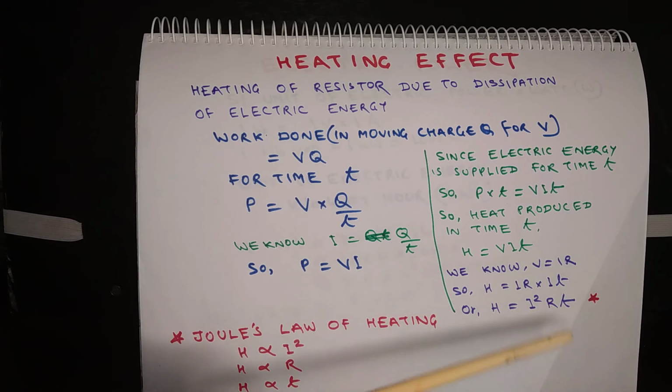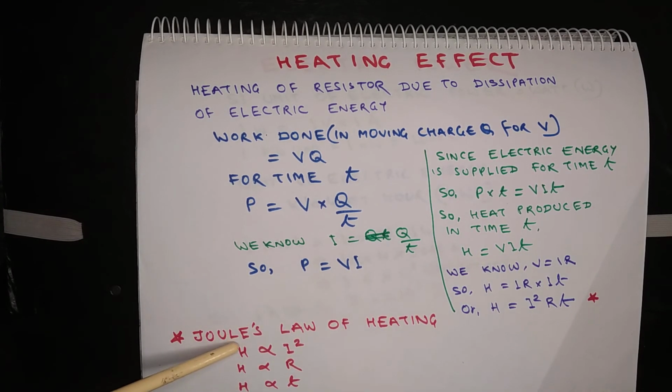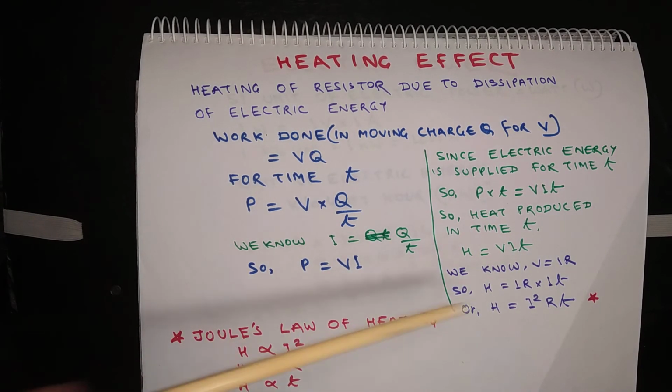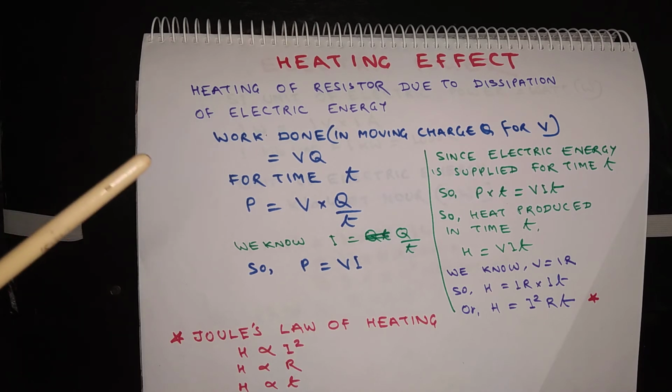And now, this equation is known as Joule's law of heating, which says that heat varies directly as I square or square of current. Heat varies directly as resistance, and heat varies directly as time. So, if resistance is increased, the heat will increase. If electric current is increased, the heat will increase.